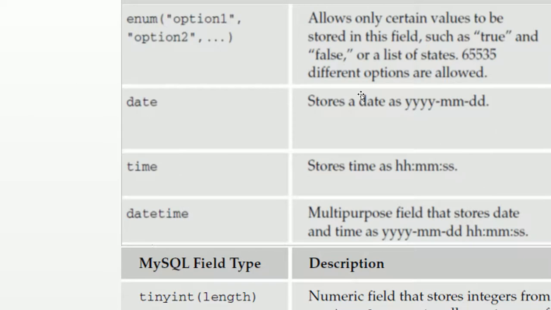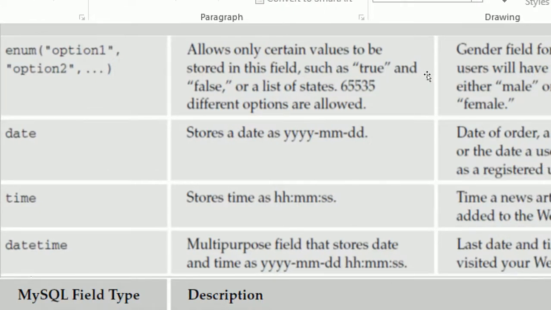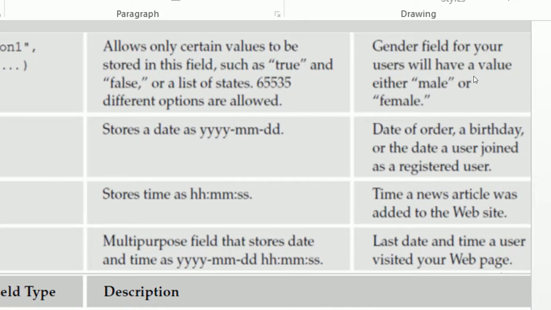The next data type is enum. In this case, it only allows certain values to be stored, like true or false. If you are storing the gender, male or female, on your website, it's just true or false, or male or female, so some fixed values.